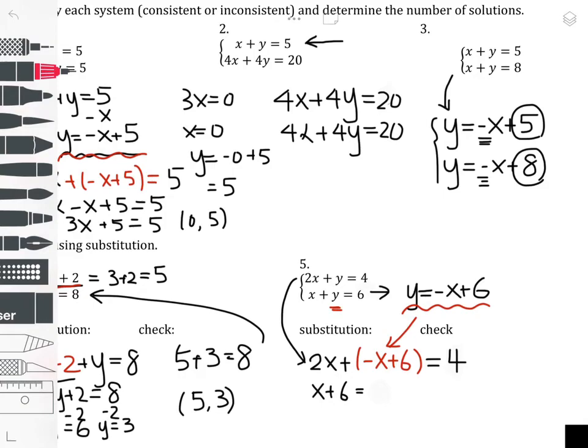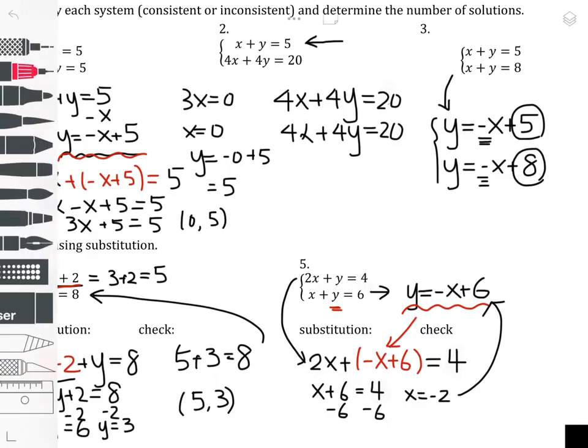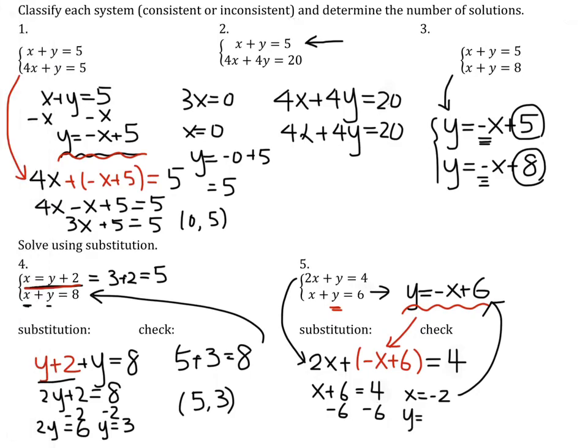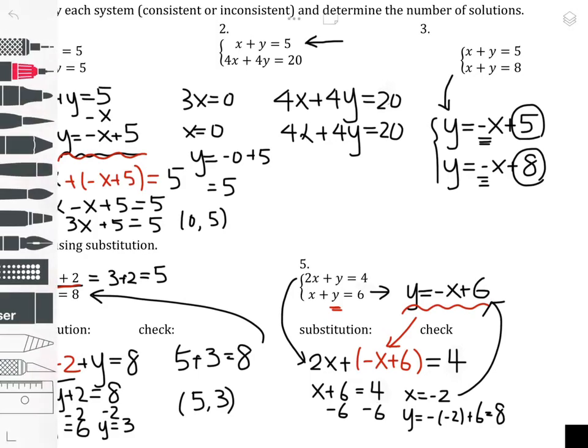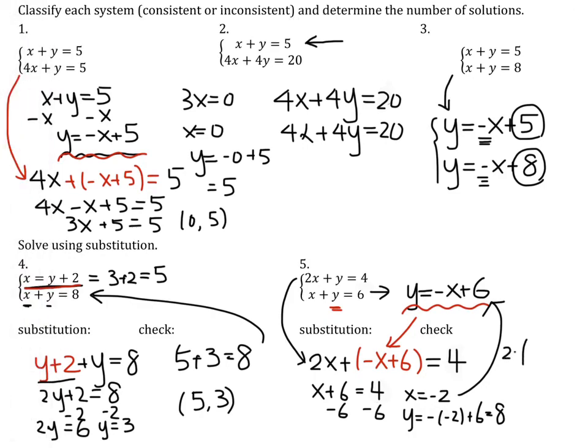So that means my x, after I subtract 6 from both sides, is going to be negative 2. Then I plug it back into this one to find my y value. y equals negative 2 plus 6, which is positive 8. Did I do it right? Let's plug it back into the first equation. 2 times negative 2 plus 8.